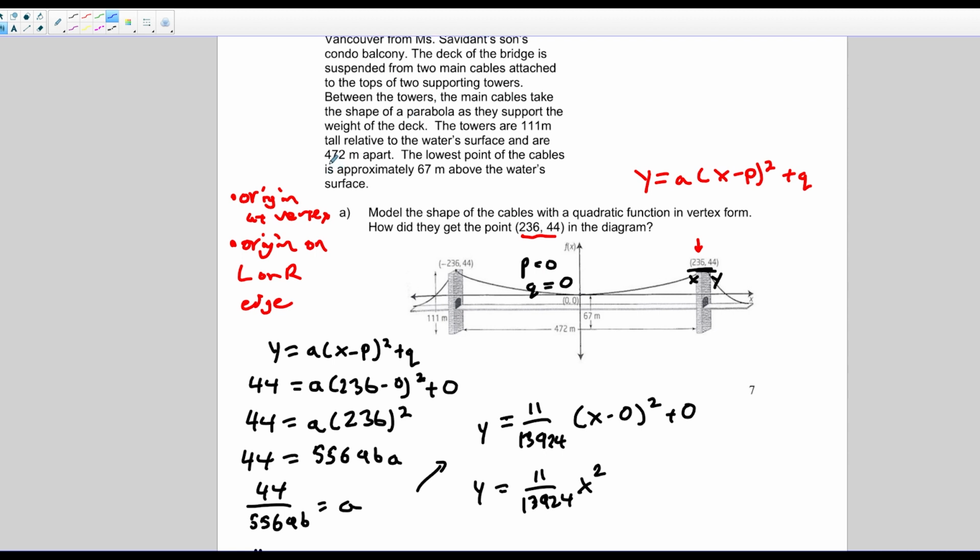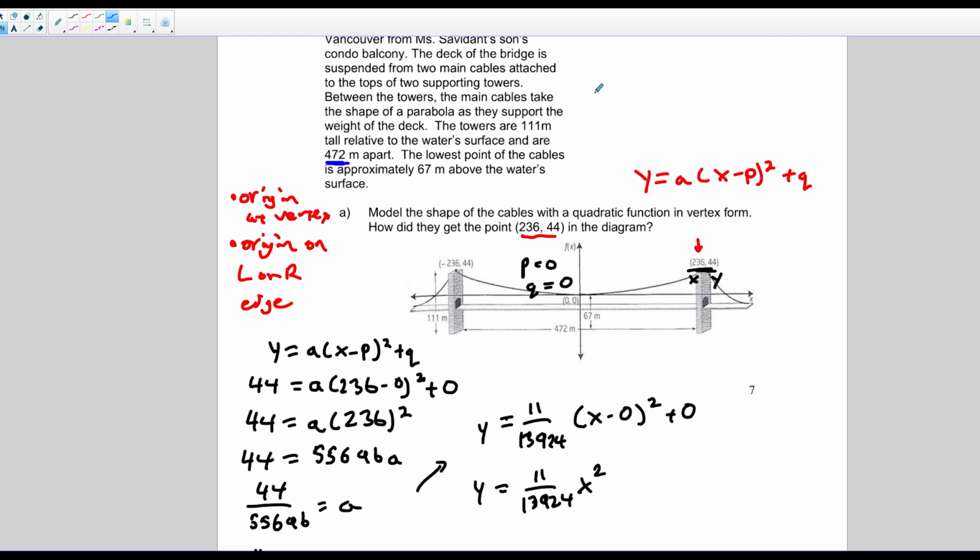So we can see here that the towers are 472 meters apart. And the key here is understanding that since our Y axis gives us our axis of symmetry, just kind of naturally breaking that in half, we can see that this essentially evenly divides the bridge in half.